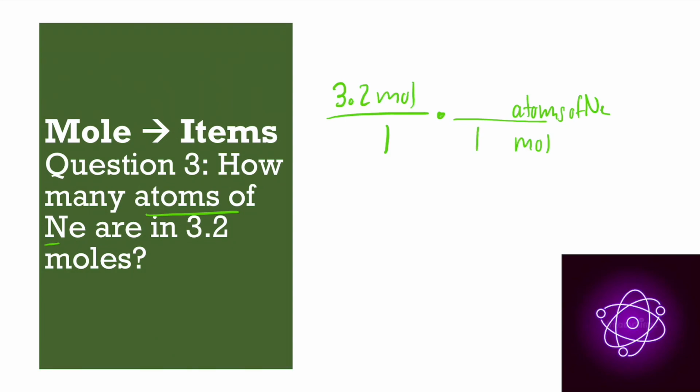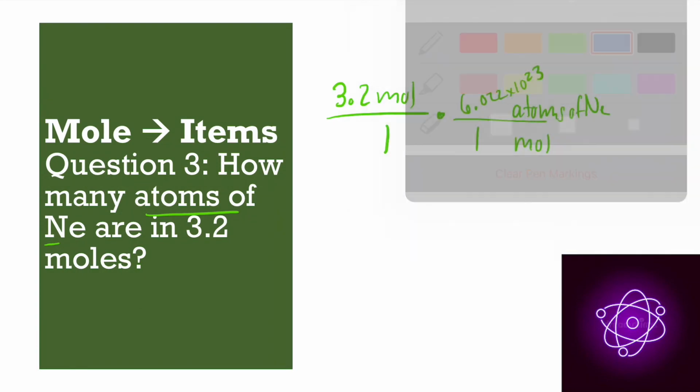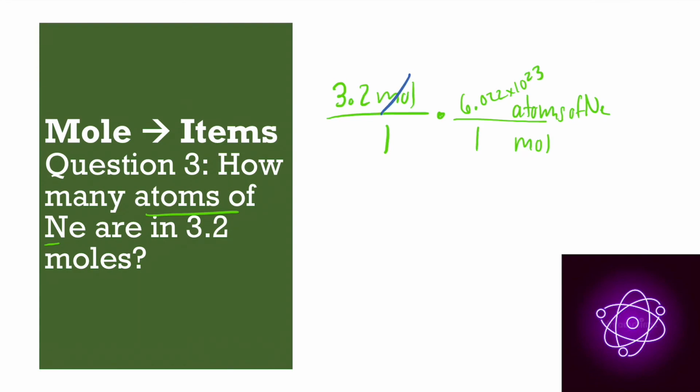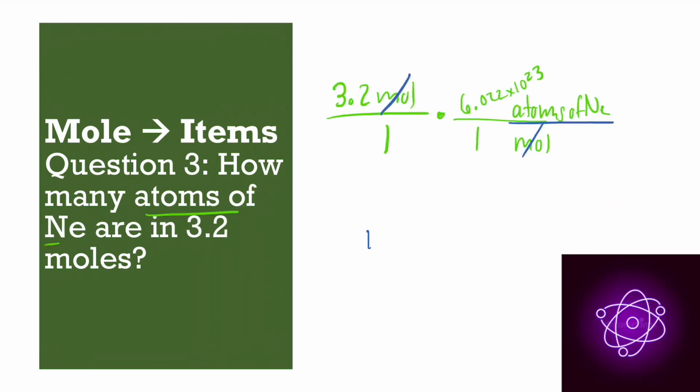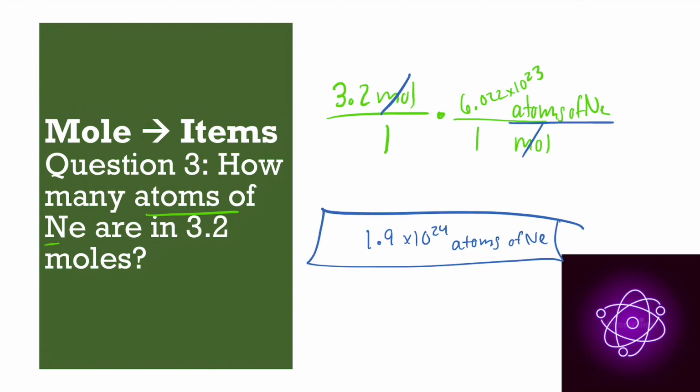In 1 mole, you would have 6.022 times 10 to the 23 atoms of neon. To make sure we set it up correctly, moles cancel out and we're left with atoms of neon. So you get 3.2 times 6.022 times 10 to the 23rd, which gives you 1.9 times 10 to the 24 atoms of neon.